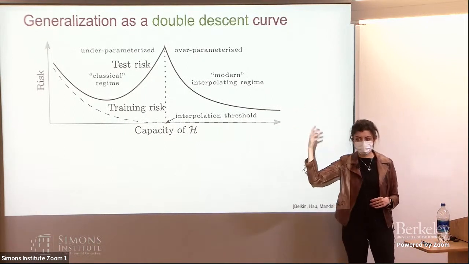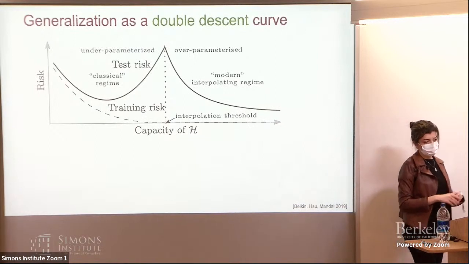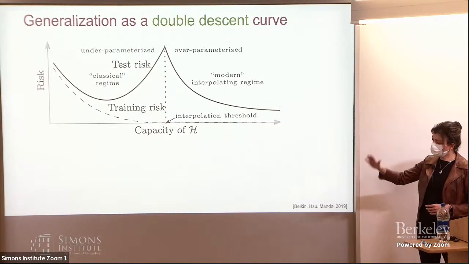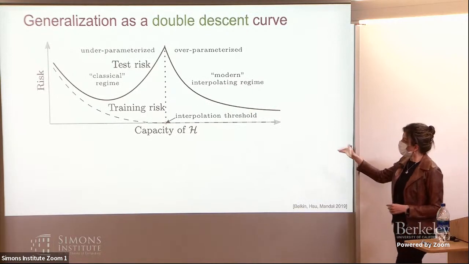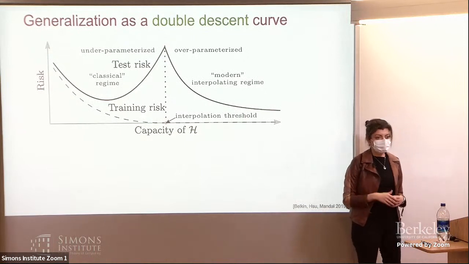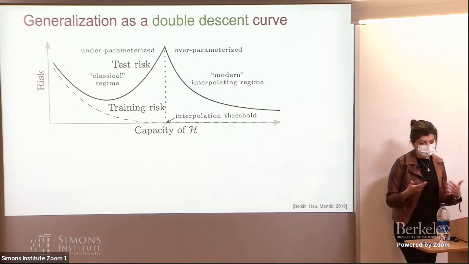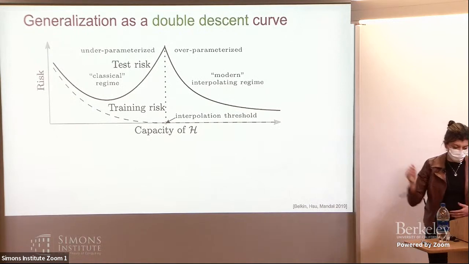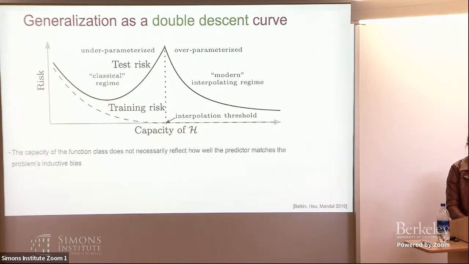This is the U curve, which is classic machine learning underfitting, overfitting. But then after this interpolation threshold, we're in the overparameterized regime. In this regime, there are many functions that can interpolate the data. And with the proper choice of this interpolating function, maybe we can have risk going down in the overparameterized regime.